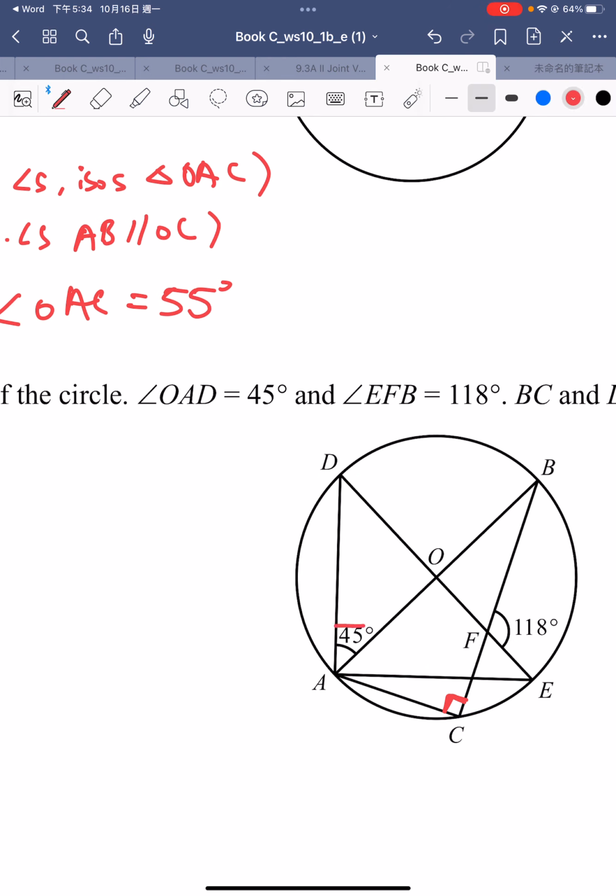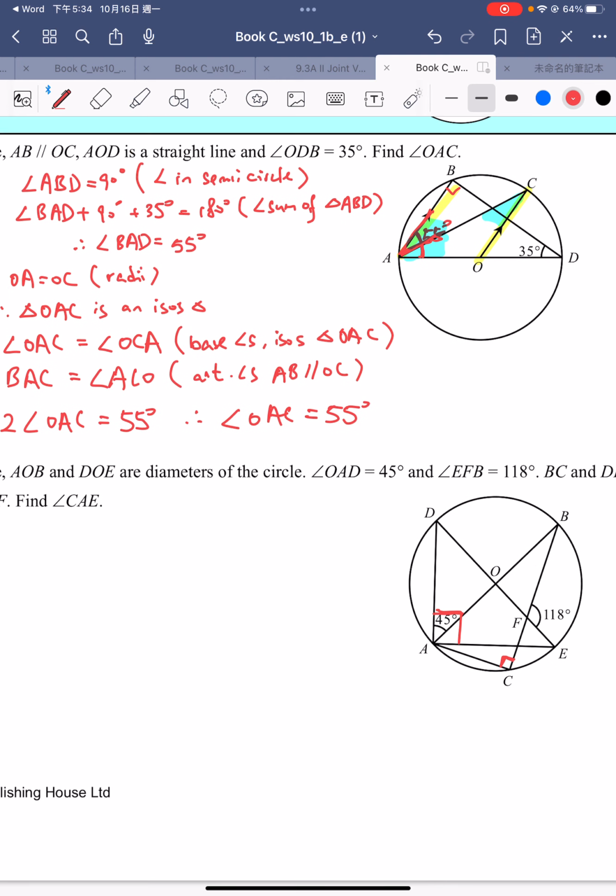So first of all, we can write it down. The angle DAE is equal to the angle ACB, which is equal to 90 degrees. And the reason for that is the angle in the semicircle.